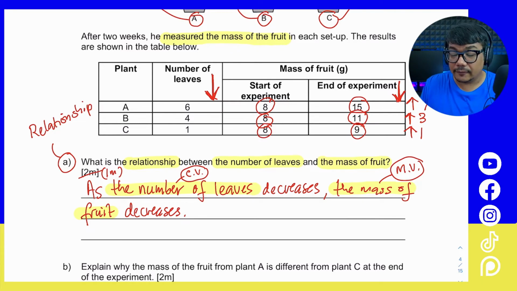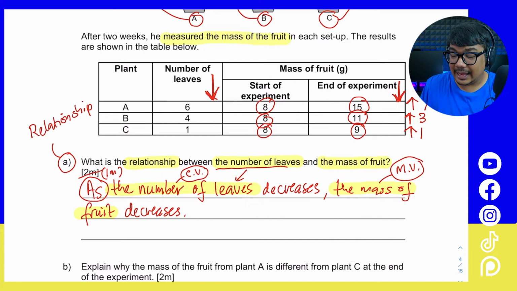If I look at this, you will notice that there is a template here. Firstly, you start with the word as, and then you copy this down. This is the same as what has been given. And then the decreases or increases, the trend, you can get from the table itself, or you can use the graph if they give you a graph.